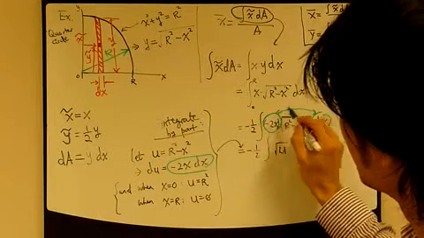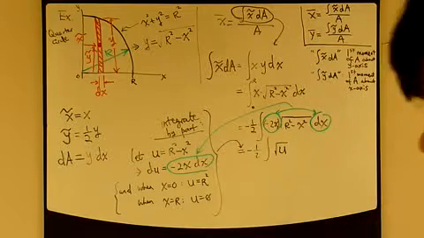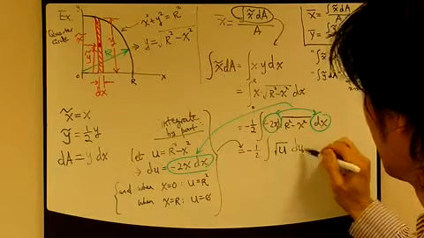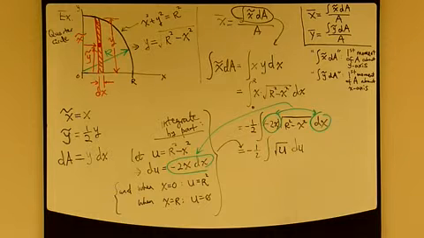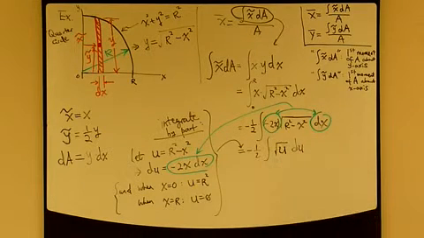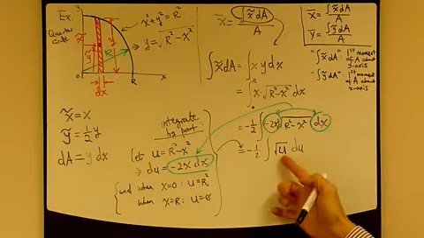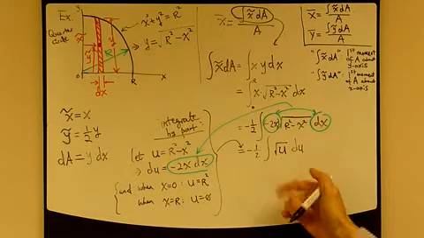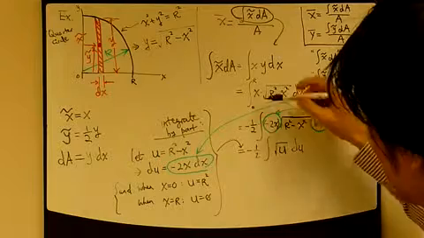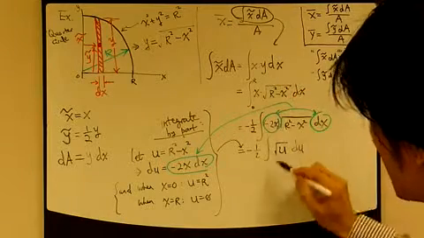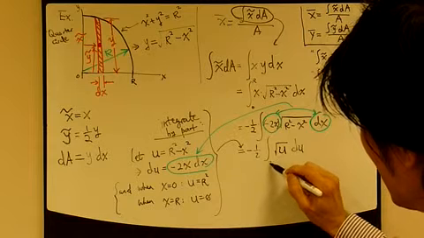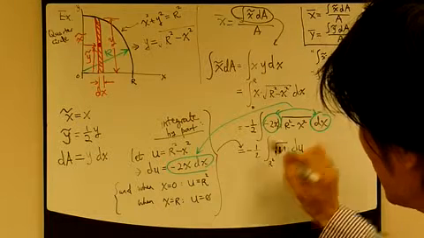See? So this is exactly du. So substitute everything in here. So now look at this integral now. That's easy. That's very easy. Except now the limits will no longer be the limits for x. Now it's the limits for u. The limits for u are from r squared to 0.